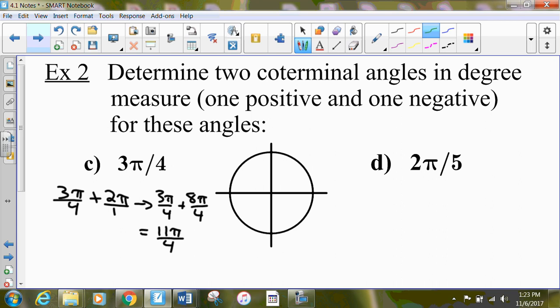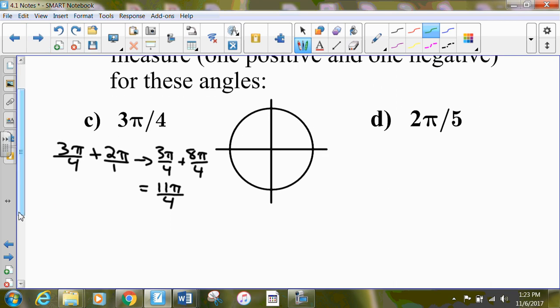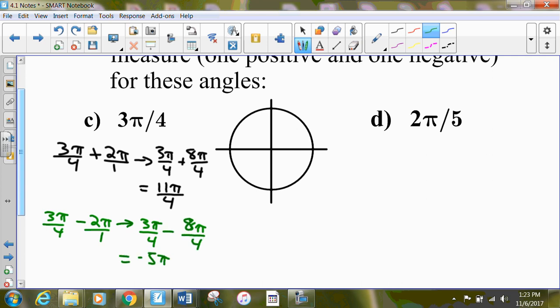And I have to do the other one. So if I take 3 pi over 4 and I subtract 2 pi, once again, I'm going to change the denominator of 2 pi. Oops, and I wrote a plus, but I am subtracting. Okay, so we're going to subtract. And we'll end up with negative 5 pi over 4.